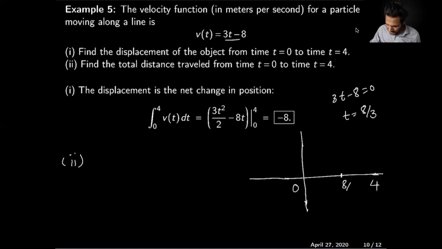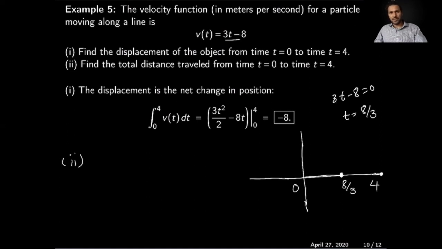So 8/3 is somewhere here. So the velocity is negative from 0 to 8/3, and then the velocity is positive from 8/3 onward. The graph is below the axis.